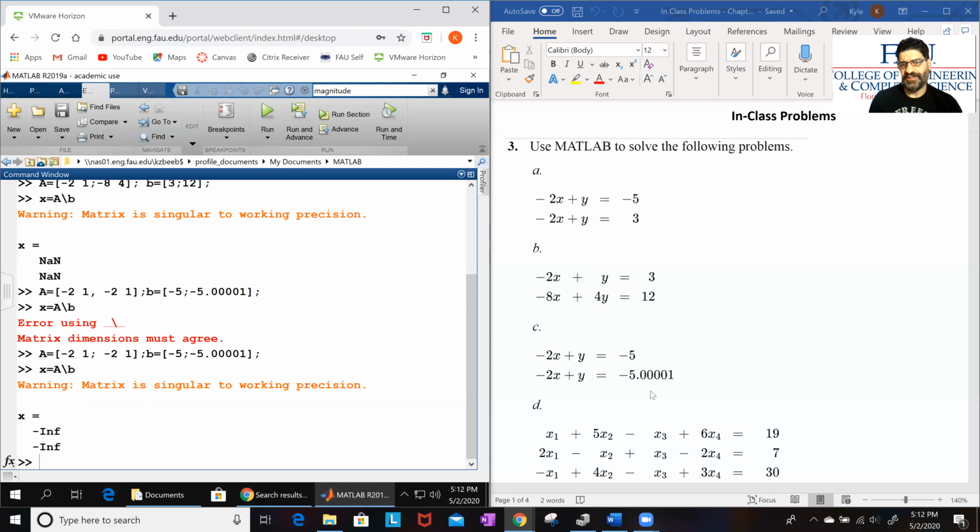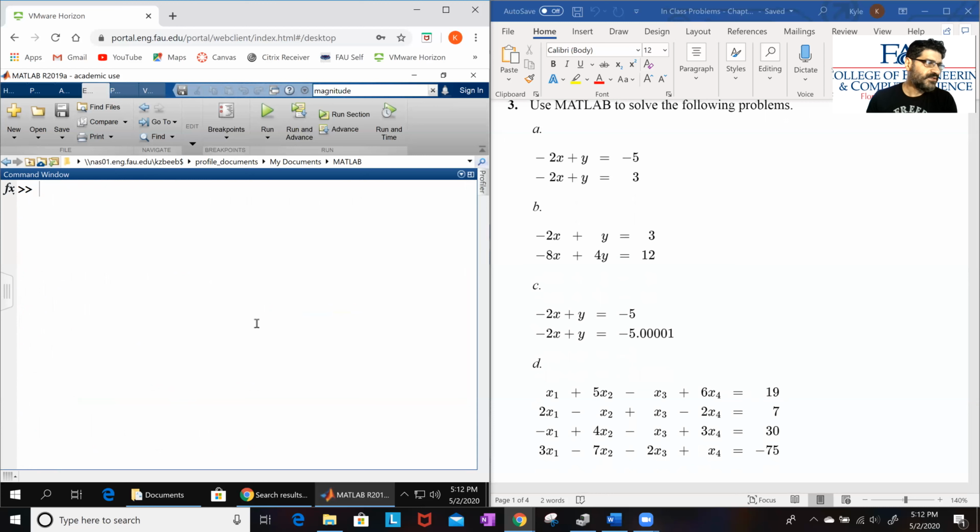So let's do this one here, D. So solutions. Let's do D and see what we have. So A equals, open bracket, 1, 5, minus 1, and 6. Right?